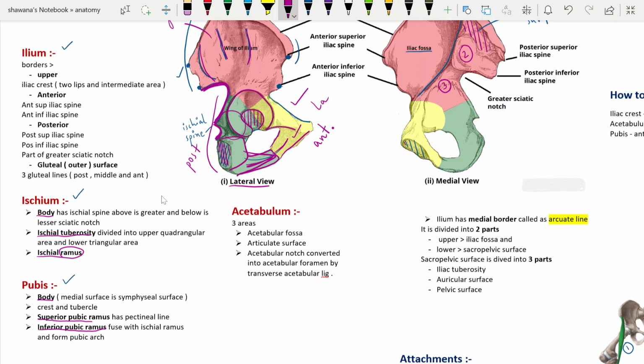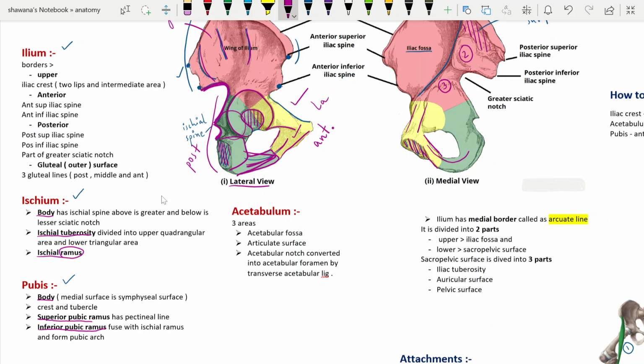On the medial side, there is the symphysial surface, and the symphysial surfaces of both pubic bones combine to form the pubic symphysis. This is the superior pubic ramus, and here is the inferior pubic ramus, which is continuous with the ischial ramus and forms the pubic arch.